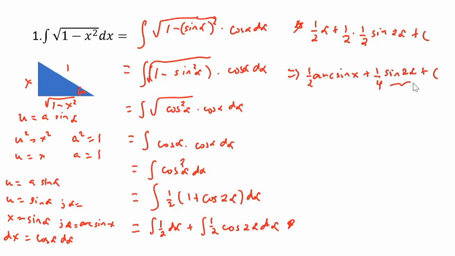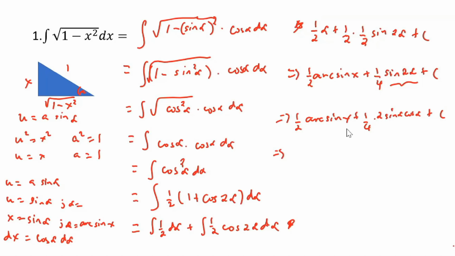Now we are going to use the identity of sine 2 alpha. So I can have now 1/2 of arc sine of x plus 1/4 times the identity of sine 2 alpha, that is 2 sine alpha cosine alpha plus a constant.